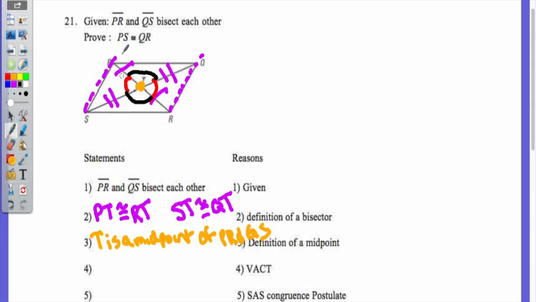But they're not the ones that help me. Do you understand why they don't help me? Because I'm ultimately going to prove this triangle and this triangle are congruent. Okay? So my vertical angles are PTS, I need an angle symbol there, is congruent to QTR.